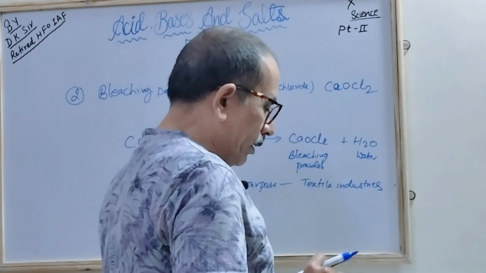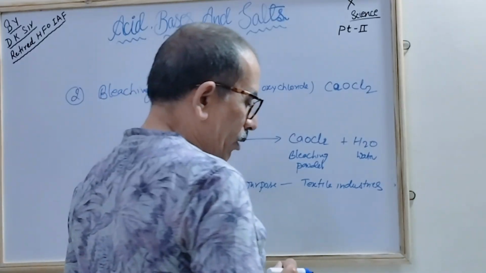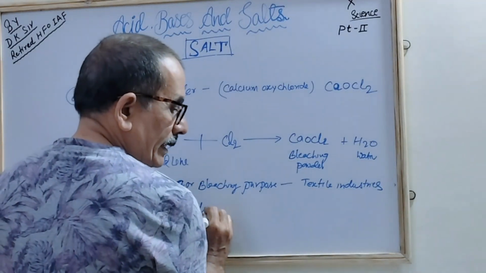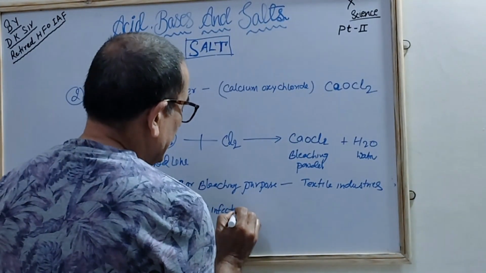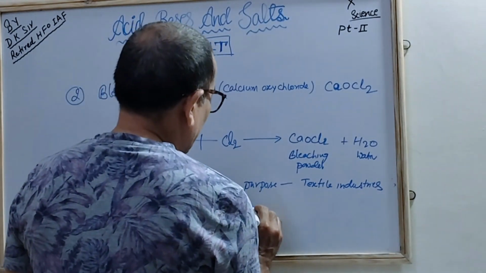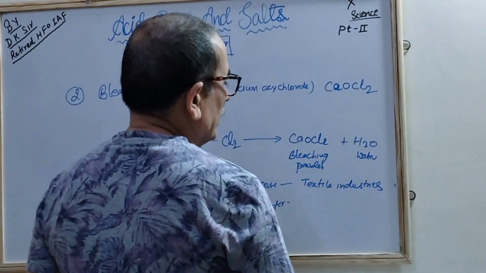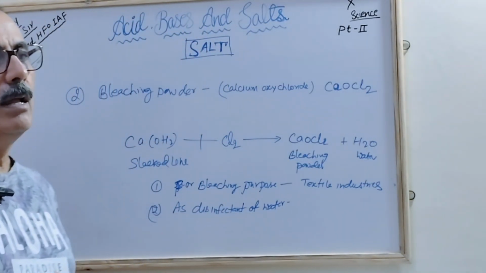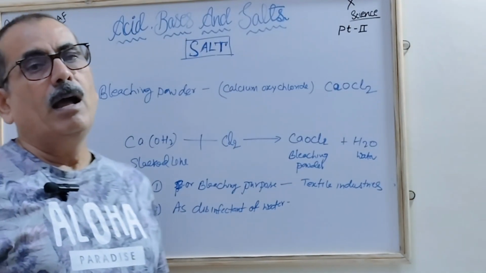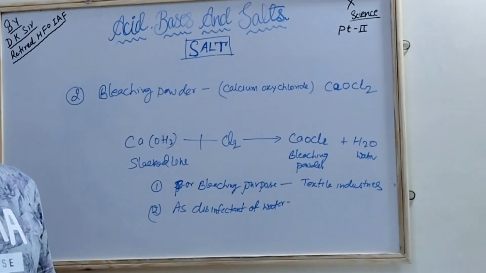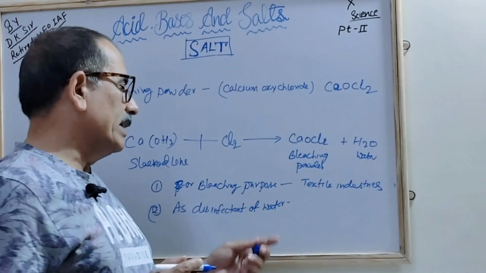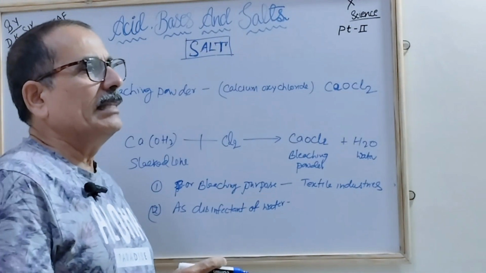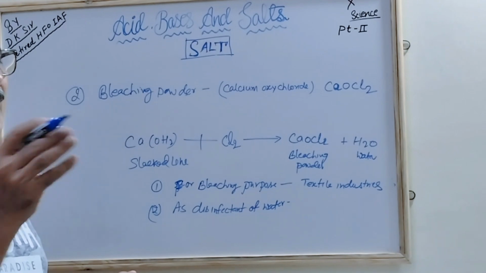The next, it is also used as a disinfectant for water, to make it free from germs. Okay. As a disinfectant of water, correct? If water has become dirty and has many insects, what will we put? We'll put the bleaching powder. Earlier we were using wells for the source of drinking water. Bleaching powder was used because the water is accumulated and many leaves and other things automatically come inside the well.